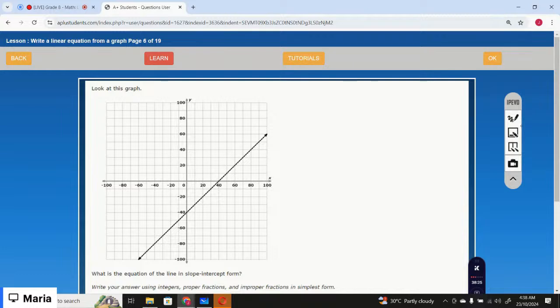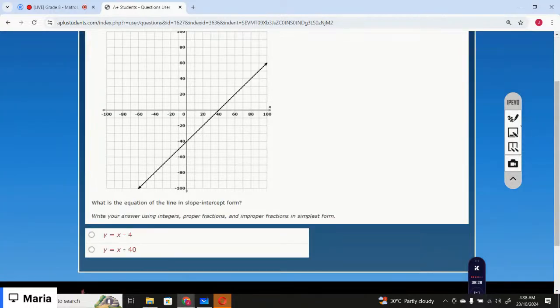Okay, the next one. Look at this graph. What is the equation of the line in slope-intercept form? So which is the correct option?